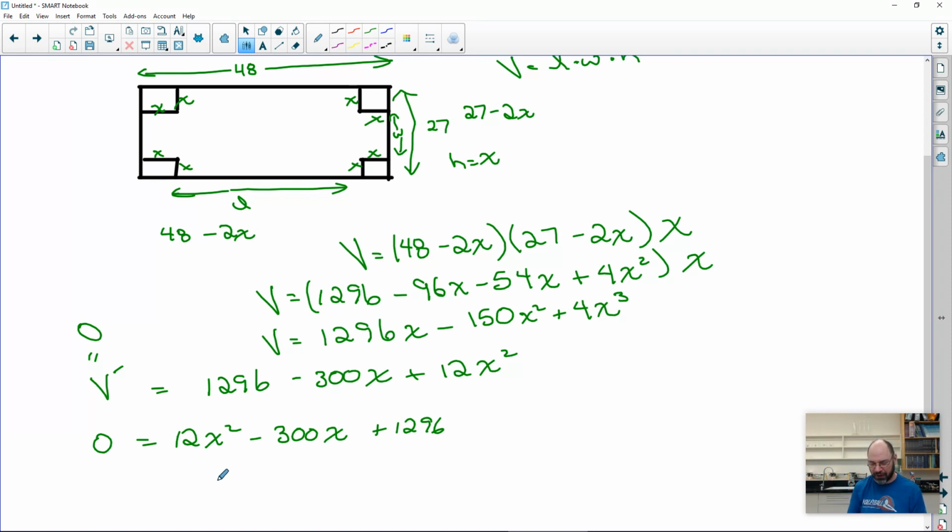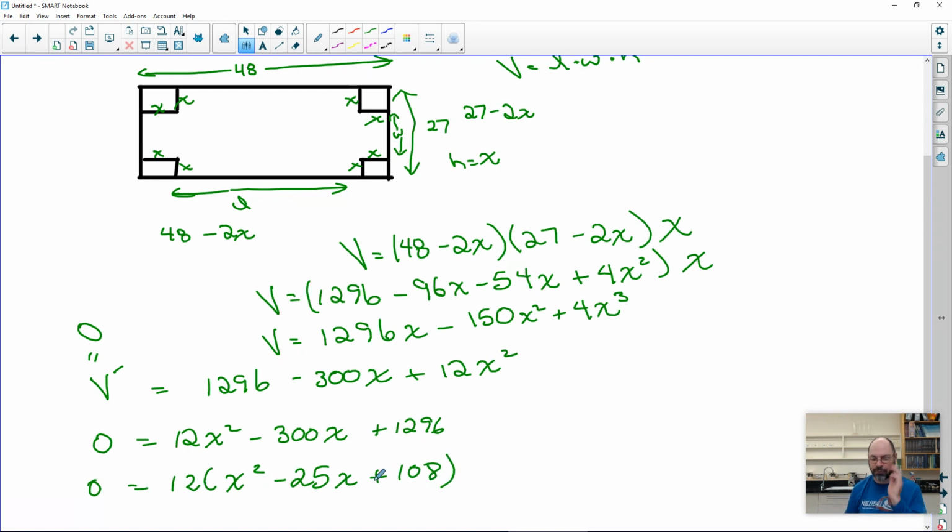Well, it might be factorable. I doubt it because I just made this one up. Let's see if 12 goes into 1296 evenly, and then 300. Okay, 12 goes into 300 25 times, and 108 times into the other one. So we can factor this: 12 times x squared minus 25x plus 108.